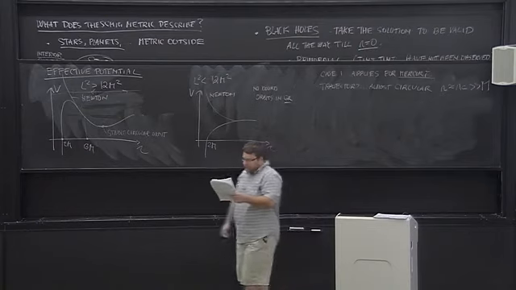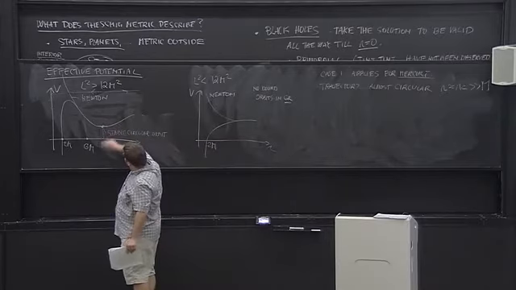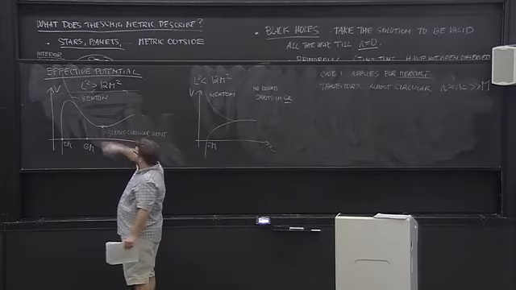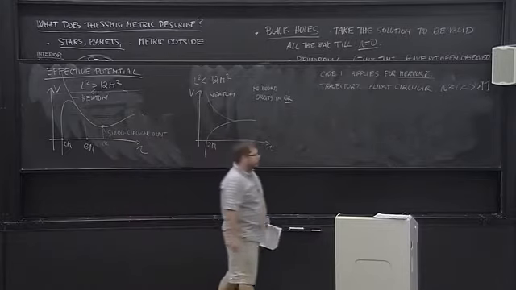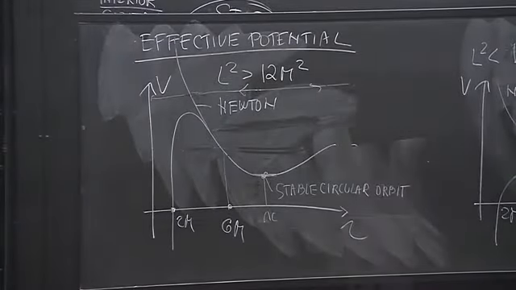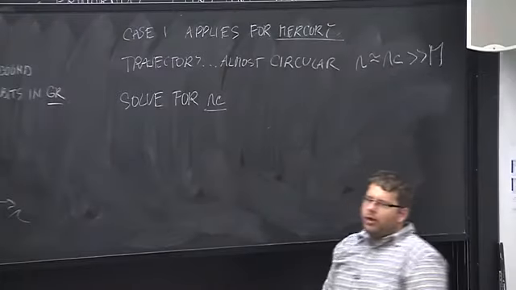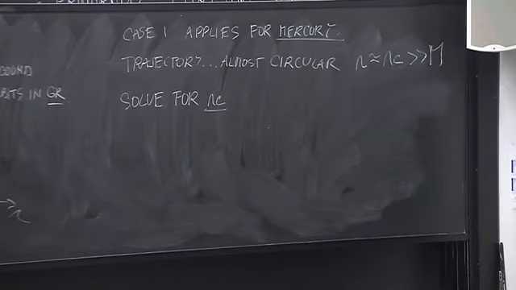Now the next step is that we have to solve at which radius we really have this circular trajectory. So we have to solve for RC. How do we find RC? We have the potential. What do we need to do?